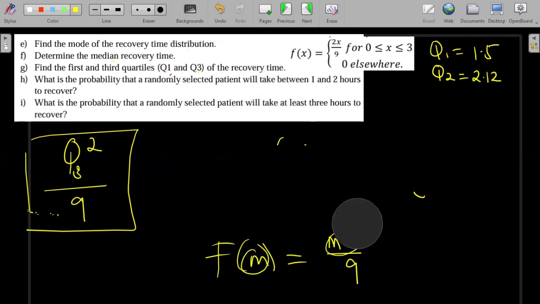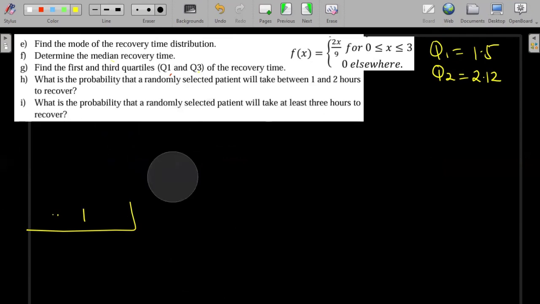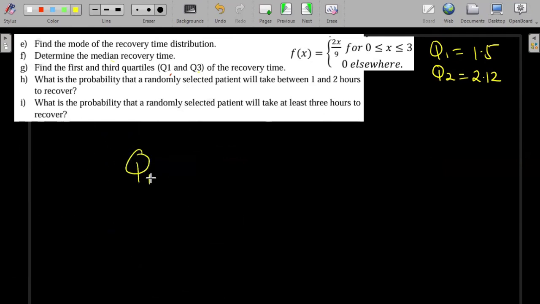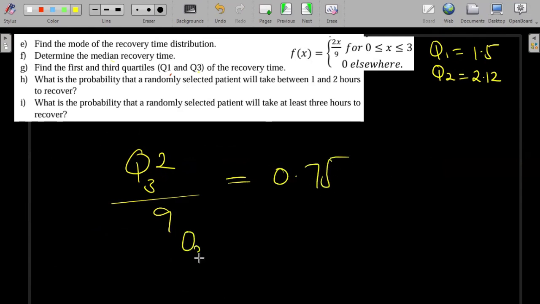So we are equating this CDF to 0.75. So Q3 squared divided by 9 is equal to 0.75. So Q3 squared is equal to 9 multiplied by 0.75. What am I going to get?